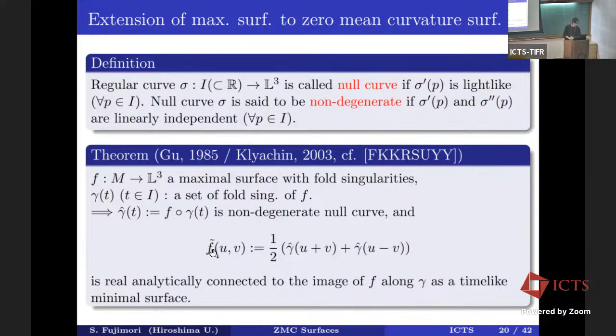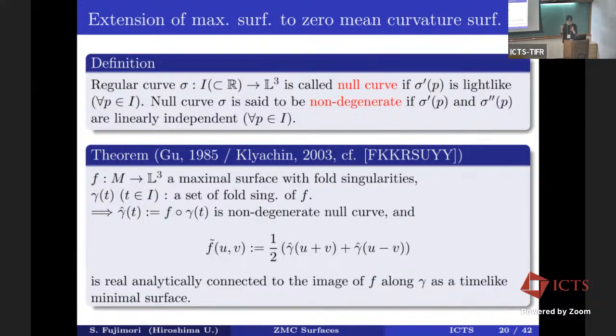And we define F tilde as the center of gamma of mu u plus v and gamma of mu u minus v, which is real analytically connected to the image of F along gamma as a time-like minimal surface.